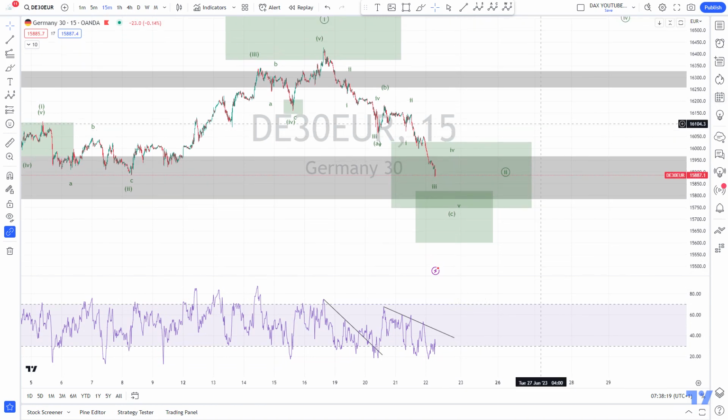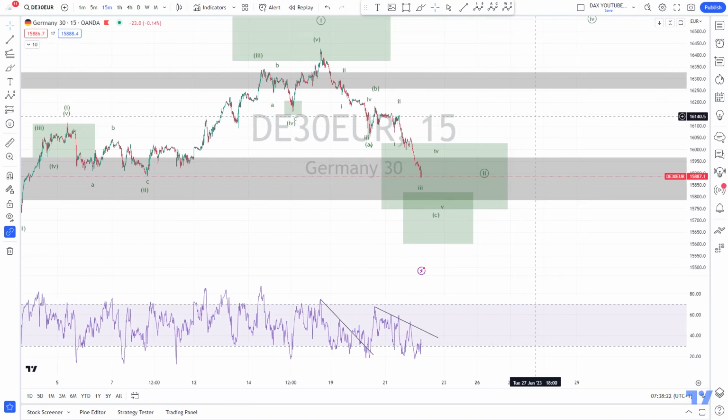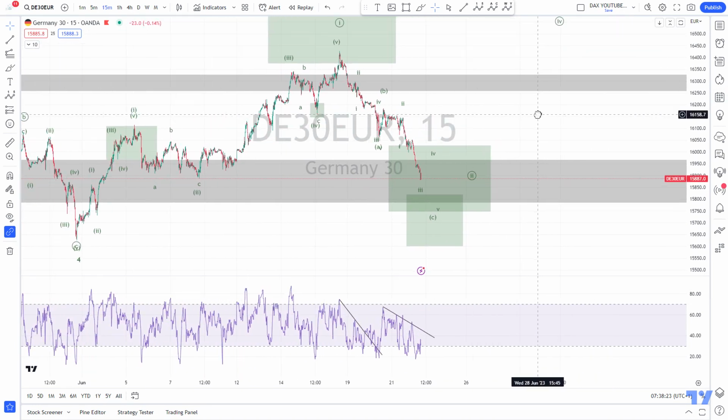But again, just like yesterday and just like the day before, it's very important to protect your trade. As I said, the high can be in here, and so then this will be a high on the higher time frame, actually, and yeah, then we can become very bearish.